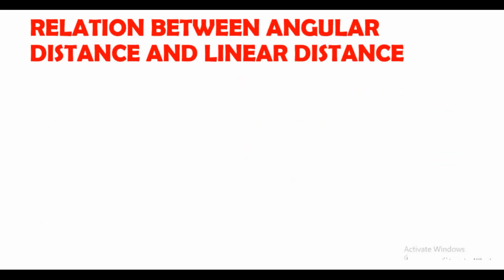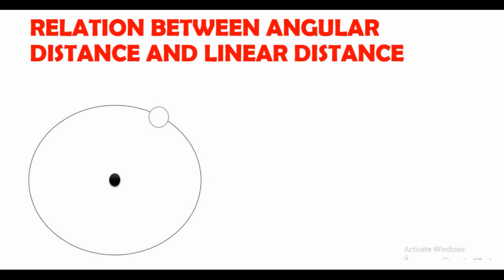Here we are going to discuss the relation between the angular distance and the linear distance. They can be related by using one equation that we discussed in our mathematics O level: s is equal to r theta.